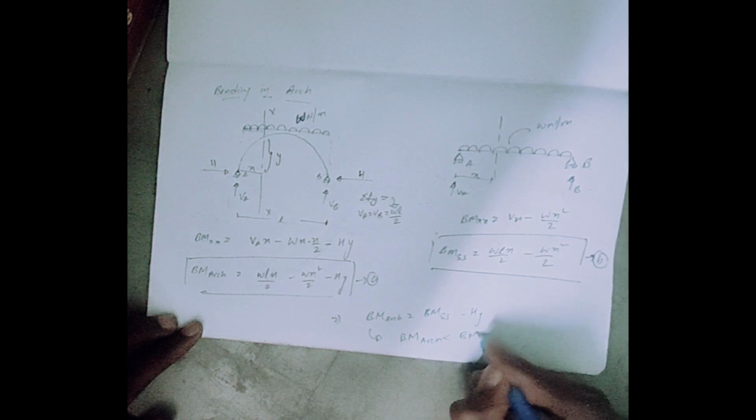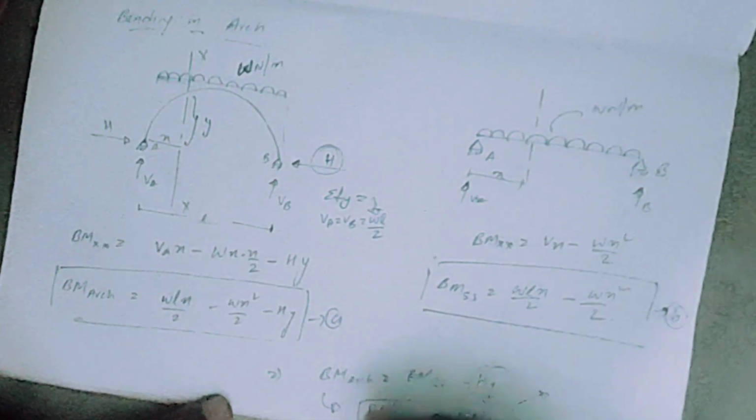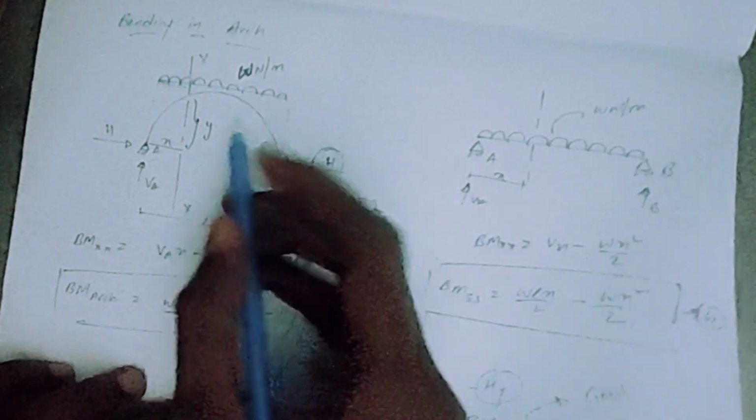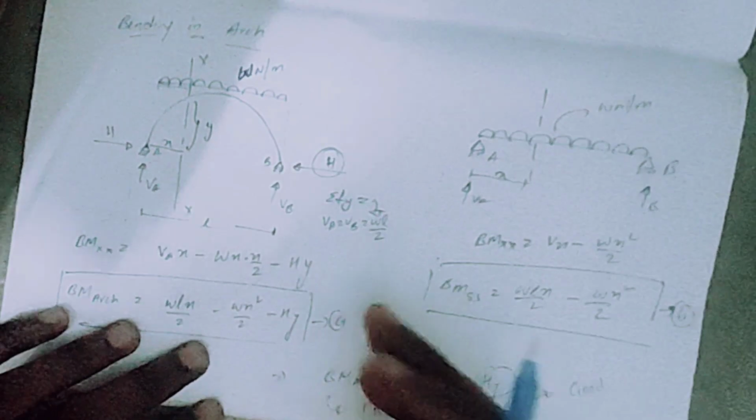So from here you can tell that the bending moment of an arch is less than that of a simply supported beam. This is because of this horizontal force. We can tell that an arch is in a better condition compared to the simply supported one. So usually we consider arches over simply supported beams.